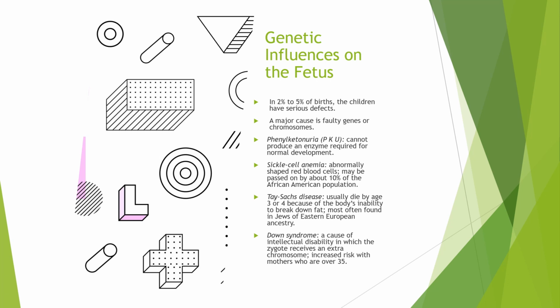If you are female and you get pregnant after the age of 35, there is an increased risk of having a child with Down syndrome. So these are four types of genetic disabilities that the fetus could have: PKU, sickle cell anemia, Tay-Sachs disease, and Down syndrome.